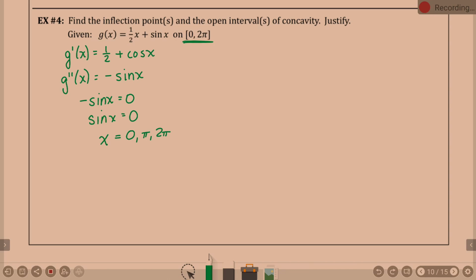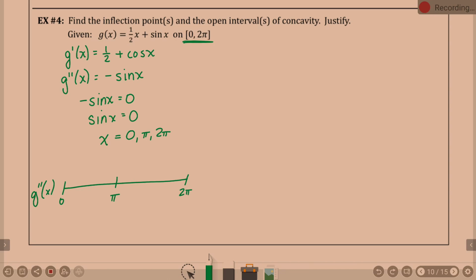Okay. Now, with this, we need to test it, yes? So set up a line like what we had. Now, here's the deal, guys. This is a second derivative line. My points of interest here were what? 0, pi, and 2 pi.